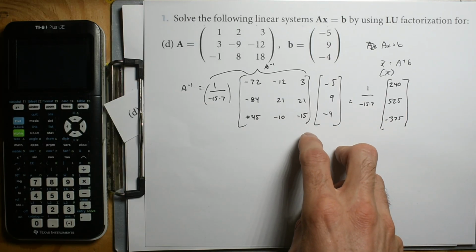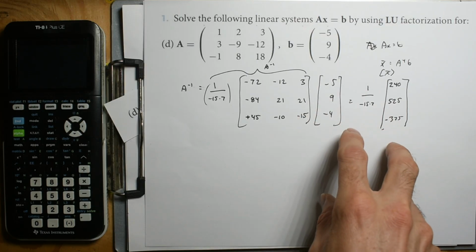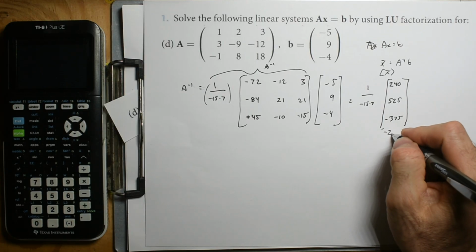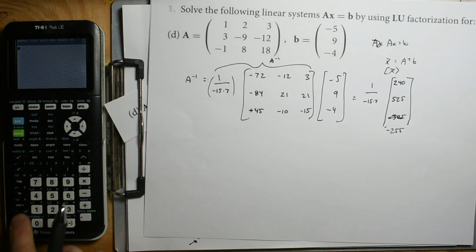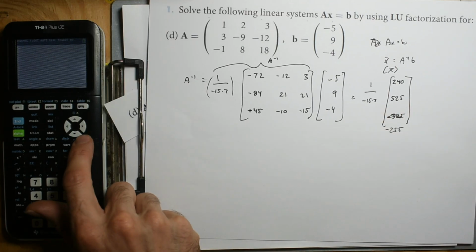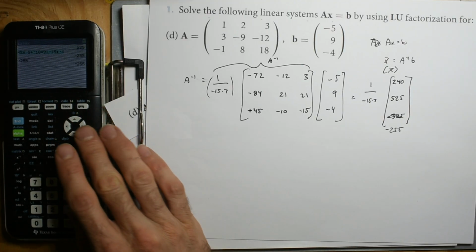Subtract 45. Subtract 40 is 260. Subtract another 5 is 255. So I have negative 255. All right, booyah. All right, hell yeah. And sweet. Negative 255. Yeah, that's what we had from that.